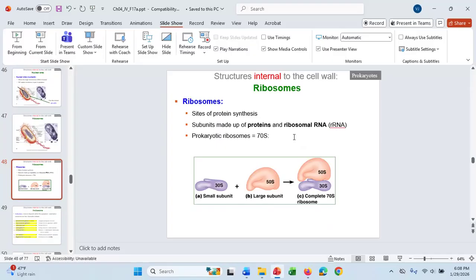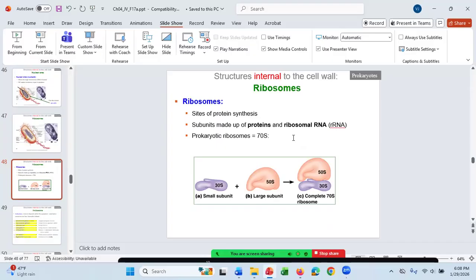That's how biochemists and molecular biologists separate and isolate ribosomes. They spin it on an ultracentrifuge gradient, and then the prokaryote ribosomes will be in the 70S region of the ultracentrifuge gradient.